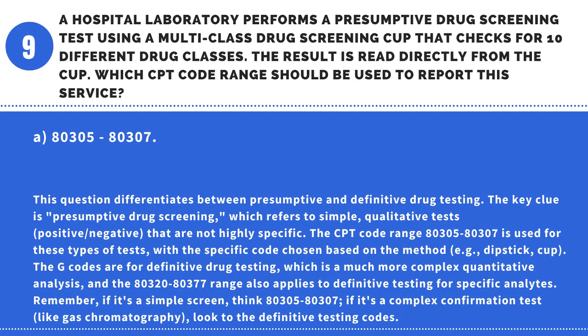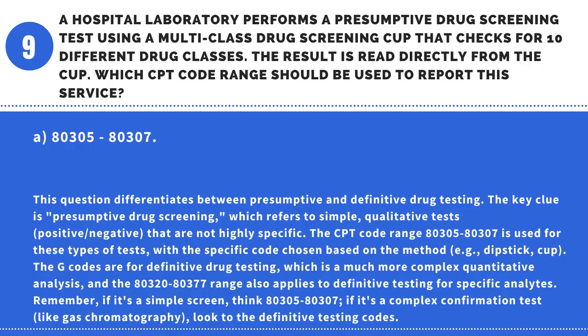Answer: A. 80305 to 80307. This question differentiates between presumptive and definitive drug testing. The key clue is presumptive drug screening, which refers to simple, qualitative tests, positive/negative, that are not highly specific. The CPT code range 80305 to 80307 is used for these types of tests, with the specific code chosen based on the method, e.g., dipstick, cup.